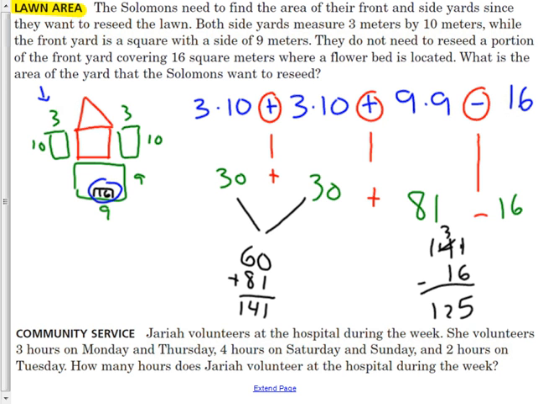So what I'm left with is that the Solomons need to seed 125 square meters of lawn. Again, that takes a very long process, and you can see it helps to visualize it, to draw it out as well. But you can see with my long problem, 3 times 10 plus 3 times 10 plus 9 times 9 minus 16, if I use order of operations to break that into several small problems, it becomes more manageable.